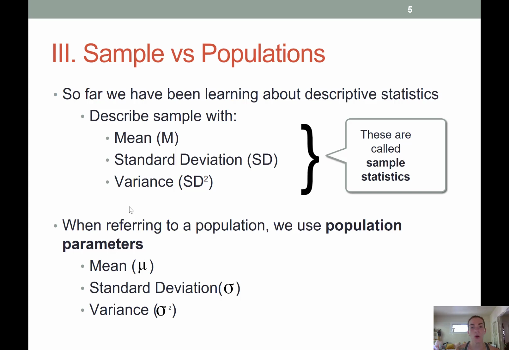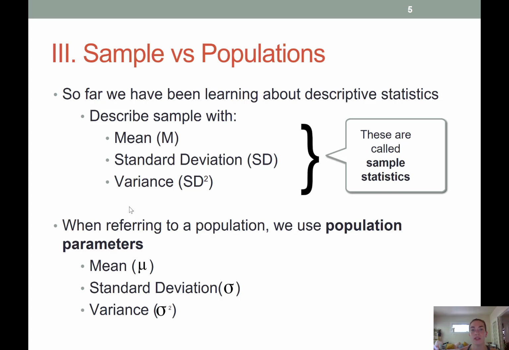Okay, so when we sample from a population, we have a small group of individuals, or it could be a large group of individuals, but a group that is downsized from the entire population. And with that group of individuals in our sample, we can calculate some measures of central tendency or measures of variability. For example, and most often, we would calculate a mean, a standard deviation, and a variance.